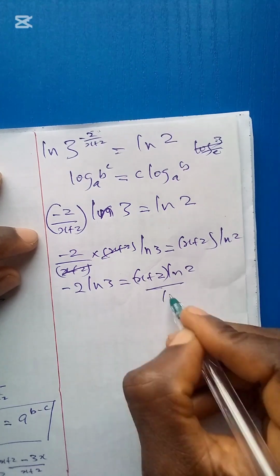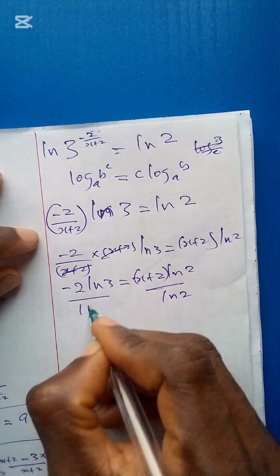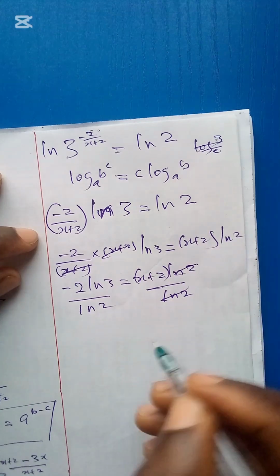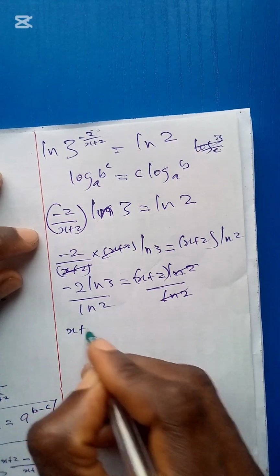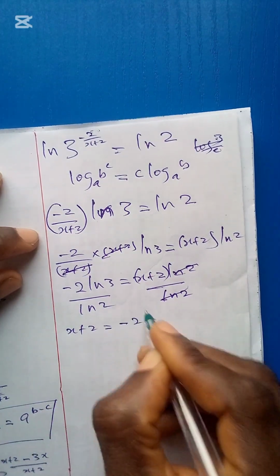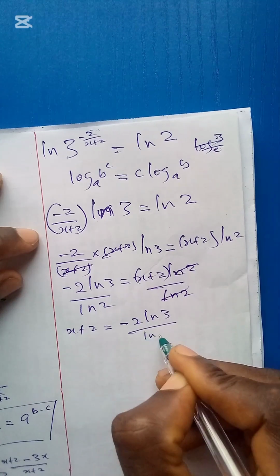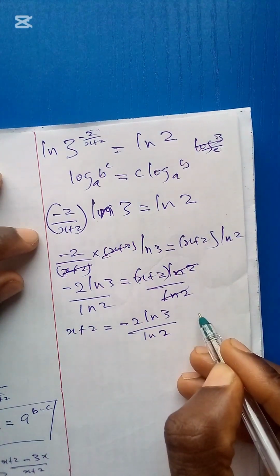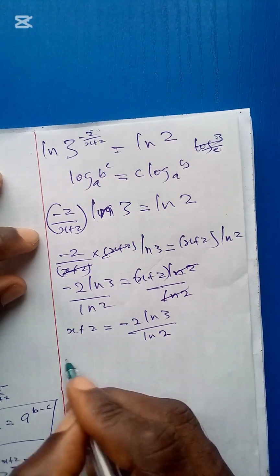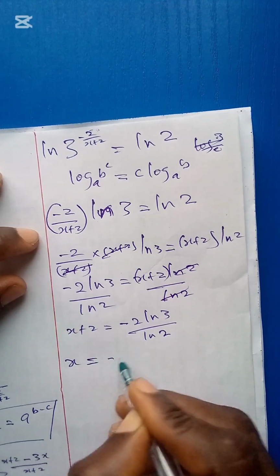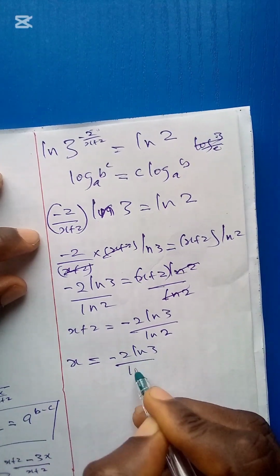Now, divide both sides by ln2. This and this will cancel out. So I have x plus 2 is equal to minus 2 ln3 over ln2. Subtract 2 from both sides. I have x equals to minus 2 ln3 over ln2 minus 2.